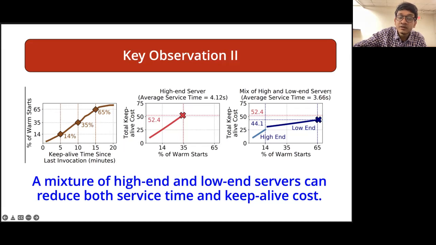So on the high-end server, the average service time was 4.12 seconds, and here the average service time is 3.66 seconds. And also, we can see that the keep alive cost has reduced from 52.4 to 44.1. Thus, with heterogeneity, we have reduced the keep alive cost and service time, and we have also achieved more warm starts.